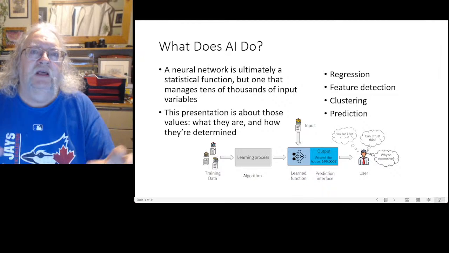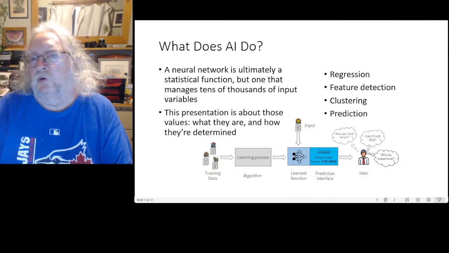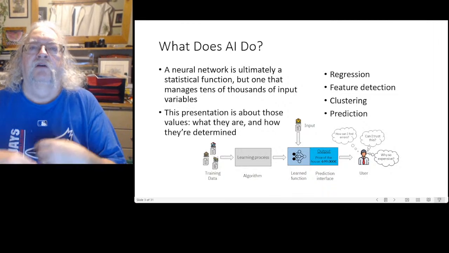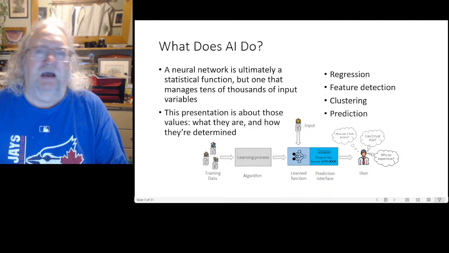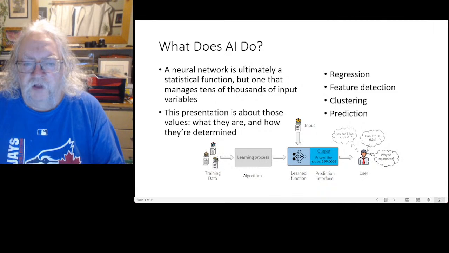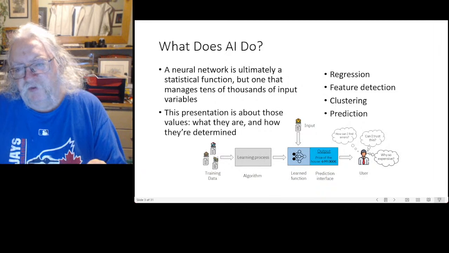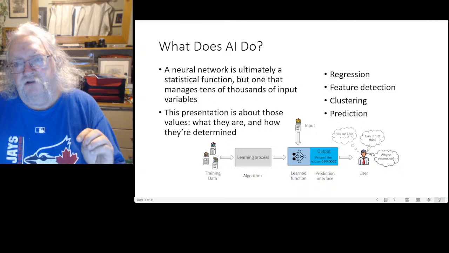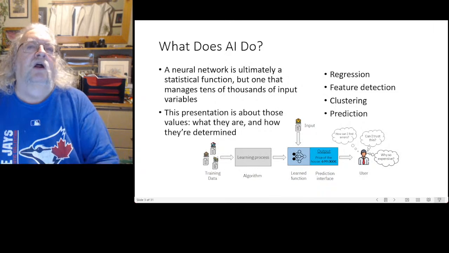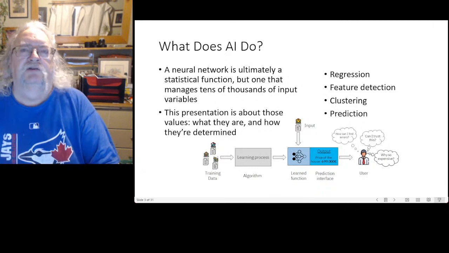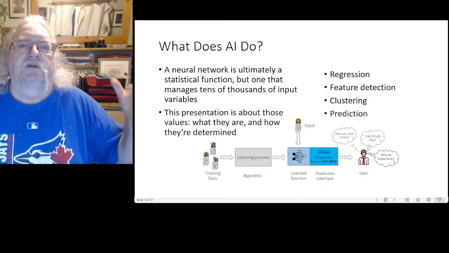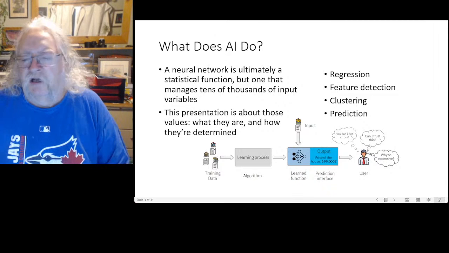And some of the tweaking we do manually, and some of the tweaking we do using algorithms like back propagation, which I'll talk about. But ultimately, these functions are statistical associations between large numbers of individual data points. That's why they sometimes call it big data.